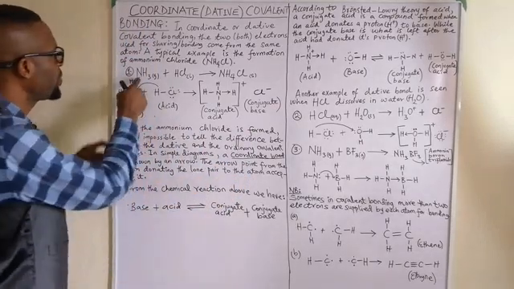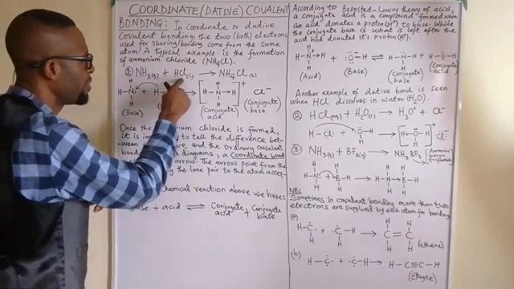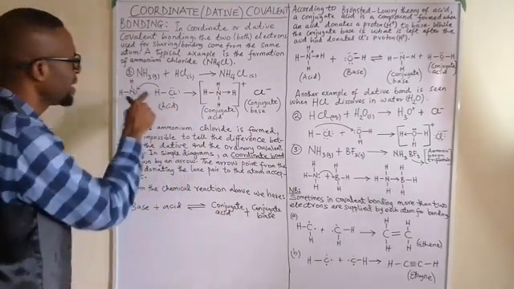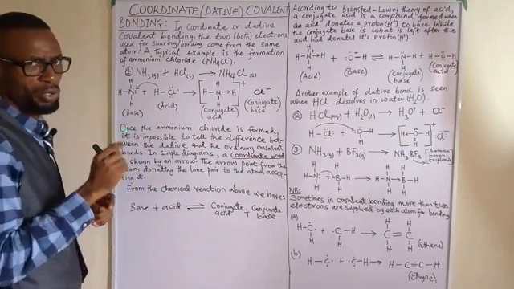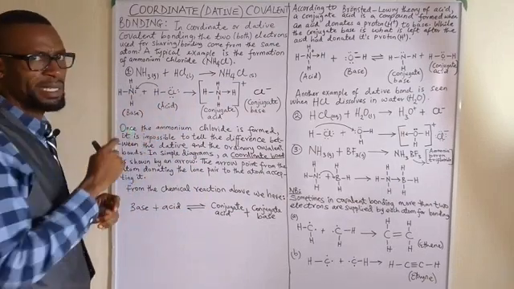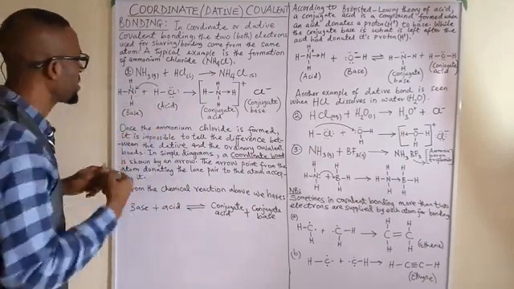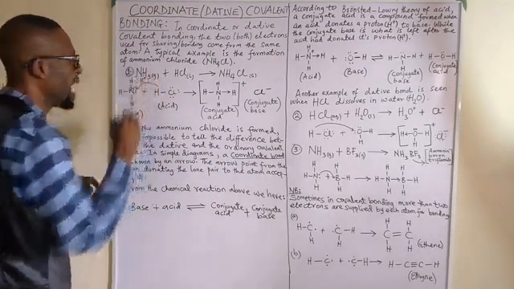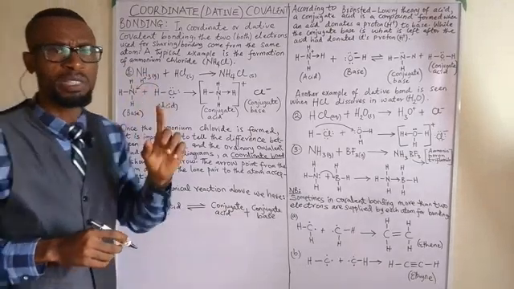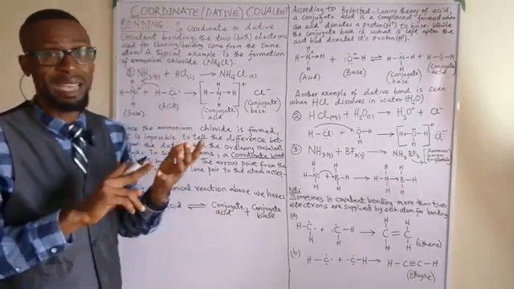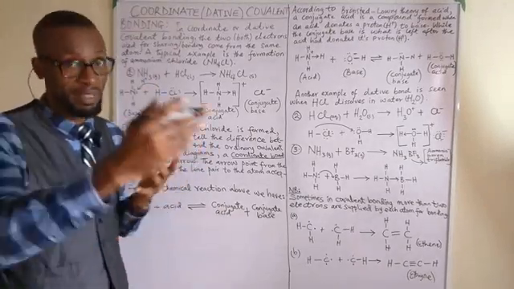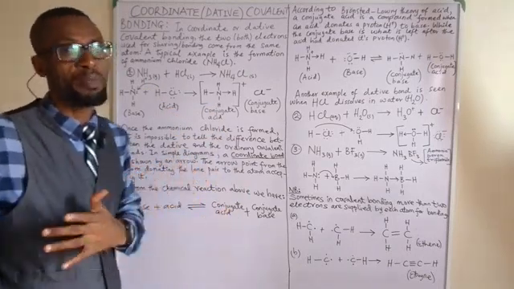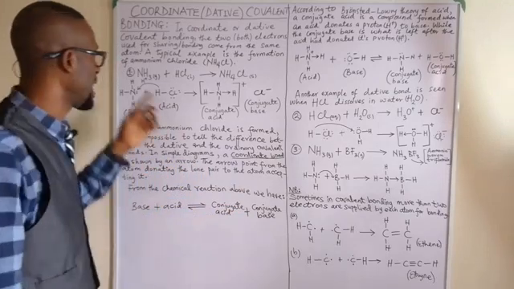So what happens when you react ammonia and hydrochloric acid to make ammonium chloride is that the acid, which is a proton donor, hydrochloric acid in this case, supplies its proton. Proton is H+. And when something has a positive sign, it means it's either metallic and must have given out its electron, or it left its electron behind if it's a non-metal like hydrogen.